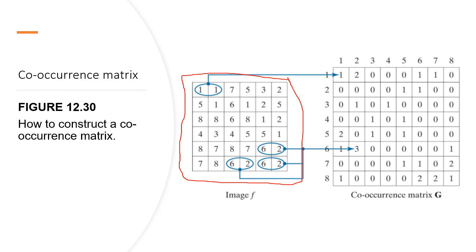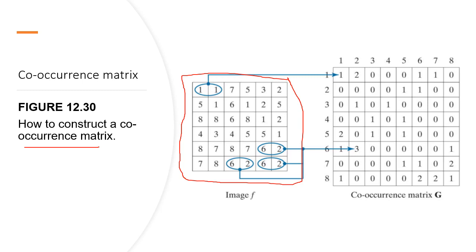After obtaining the simpler version of the image, we construct what is called the co-occurrence matrix. The co-occurrence matrix records the co-occurrence of a pair of pixel values.